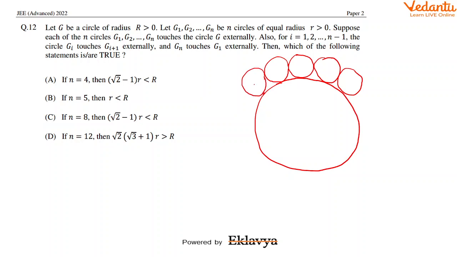So equispaced, if you join the centers, you will definitely get an n-sided convex polygon.